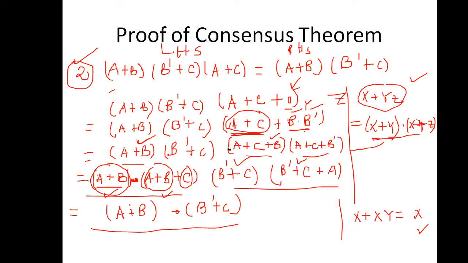The first and the third term I have kept aside, and the second term is b bar c, and the fourth term is a plus c plus b bar. The second term I have kept as it is, whereas the fourth term I have just shuffled a little bit. So I have put b bar, then c, then a, right?